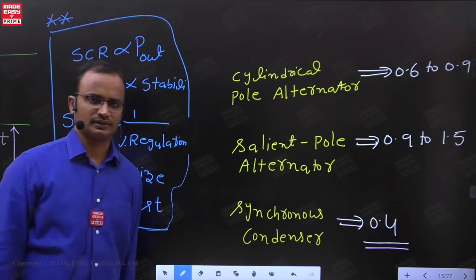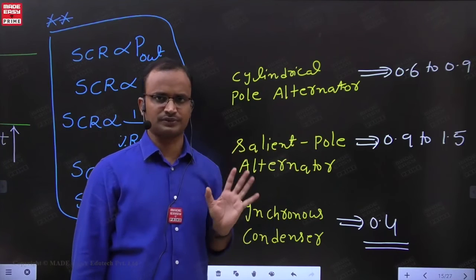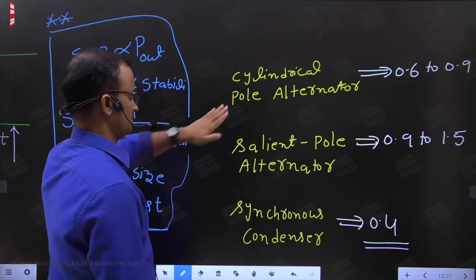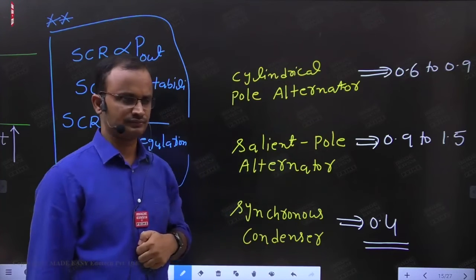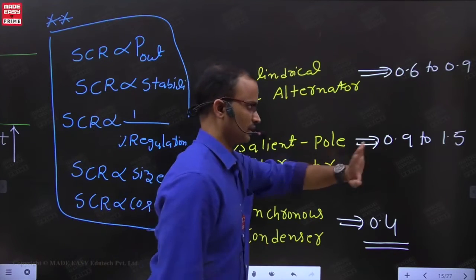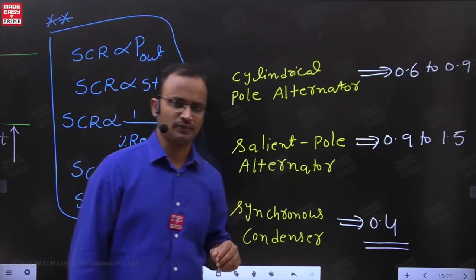And if you compare the approximate SCR values, these are not exact values, only approximations. Approximate values for a cylindrical pole alternator are 0.6 to 0.9, for salient pole 0.9 to 1.5, and for condenser 0.4. These are only approximate values.